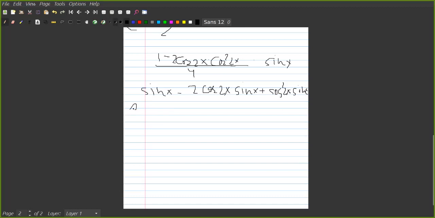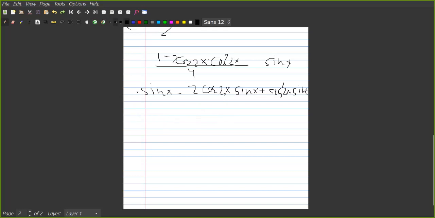And we can divide this into integrals. So we have the integral of sine x minus 2 times the integral of cosine of 2x sine x. Actually, I'm not going to write it all over again.